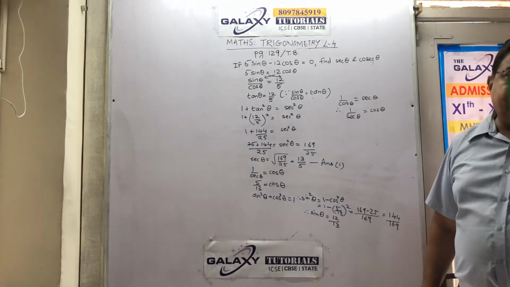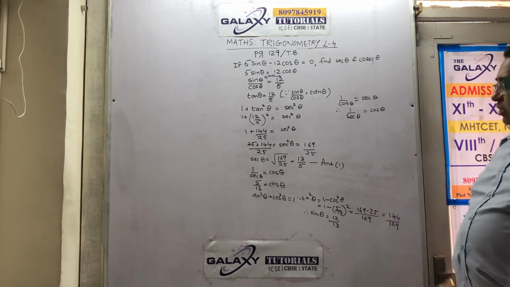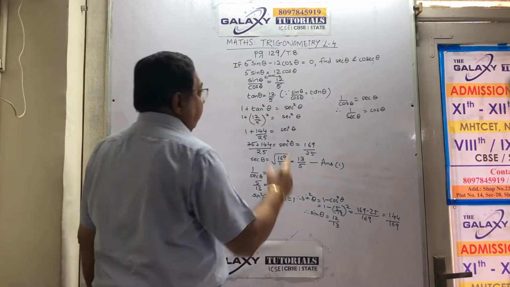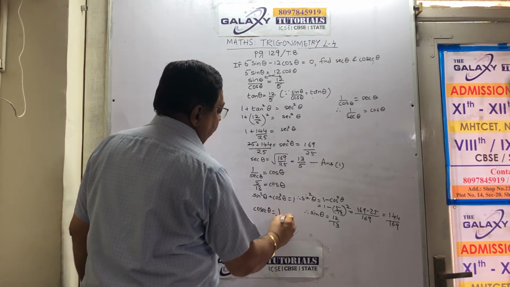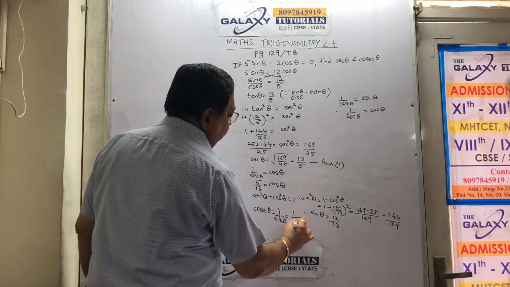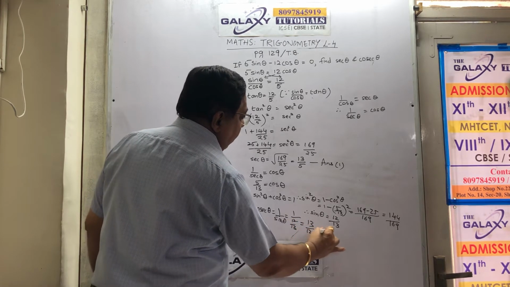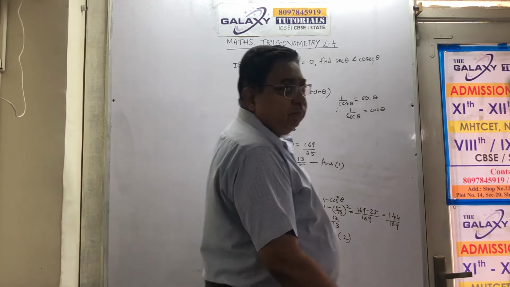Learn the square root tables. 144, 12 12s are 144, 13 13s are 169. Now, 1 upon sine theta will be cosec. Therefore, cosec theta is 1 upon sine theta, that is 1 upon 12 upon 13, or 13 upon 12. Answer number 2. This is how you will get your 2 marks.